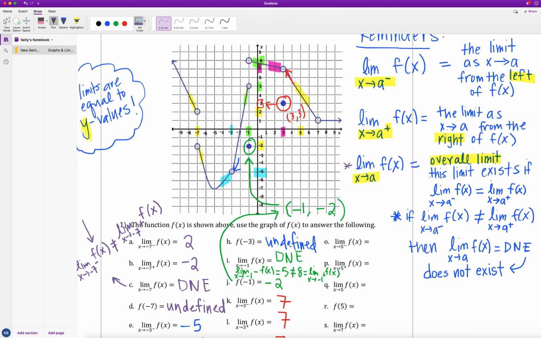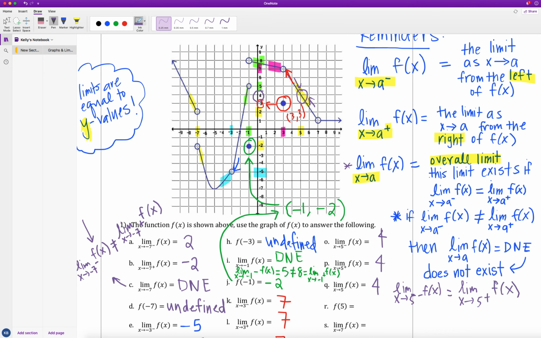So as x approaches 5 from either side, the left or the right side, both times we're approaching this y value of 4, which means that the overall limit has to be equal to 4 as well, since the limit as x approaches 5 from the left of f of x equals the limit as x approaches 5 from the right of f of x.